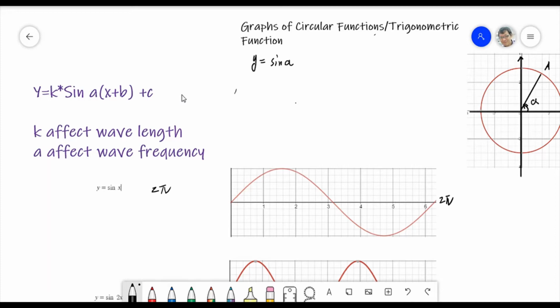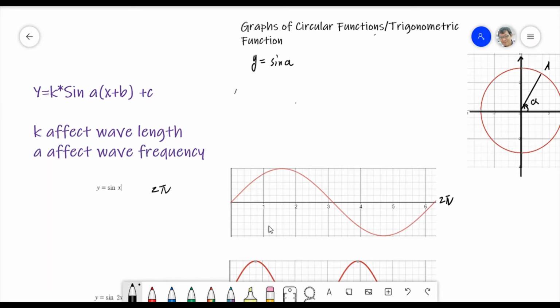What does that mean? They have added a lot of coefficients, right? Here's a plus b, and here's plus c, and then times x, and also a coefficient of k. What do those coefficients do to the original graph? That's what we want to know.